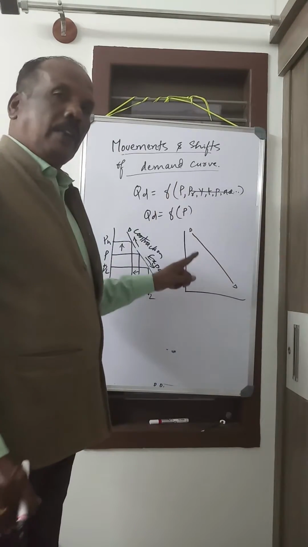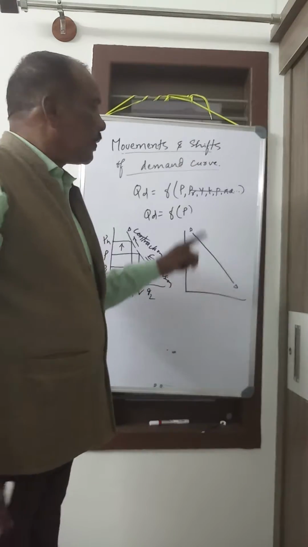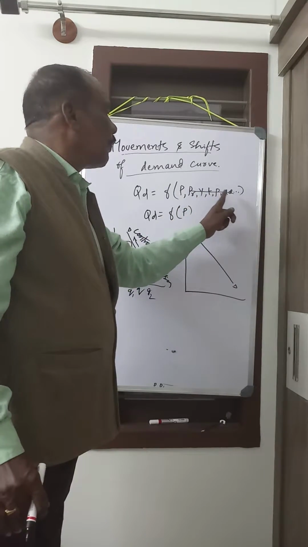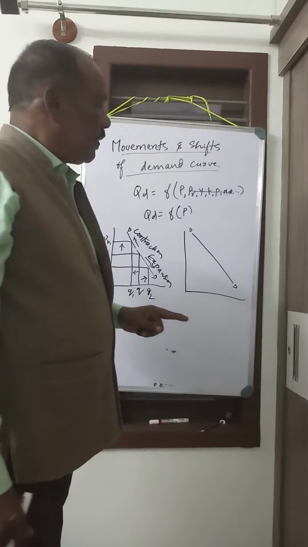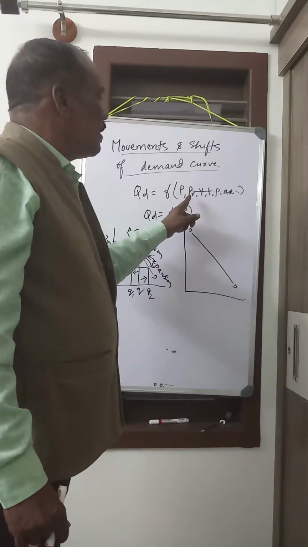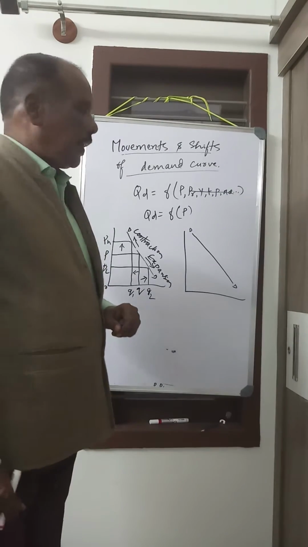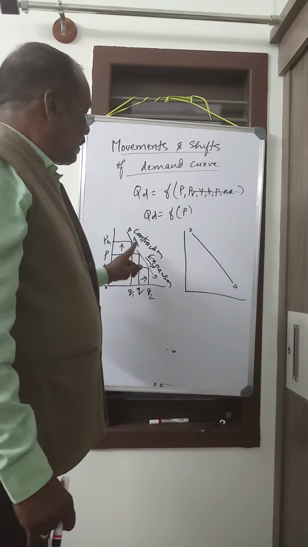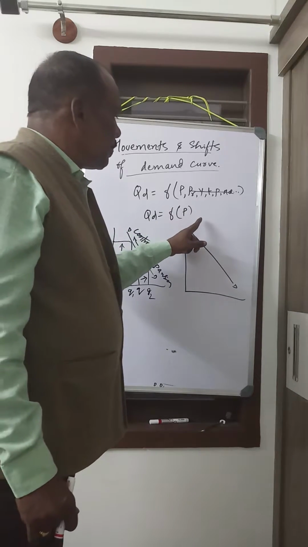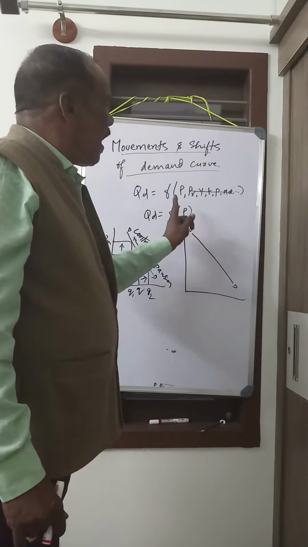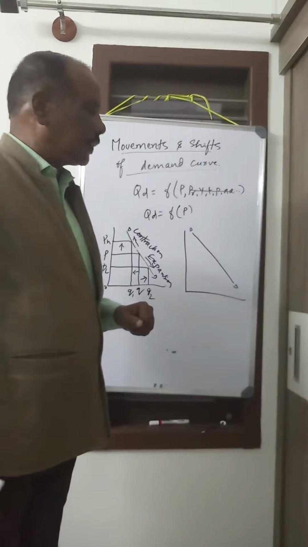So price is passive, we are not thinking of changes in price. We are thinking of changes in other factors other than price. Shifts take place because of the changes in other factors other than price. So this is due to changes in price. This is due to the changes in other factors keeping price as constant.